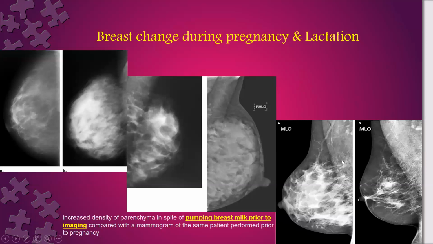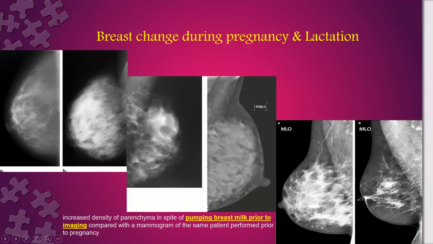Here we can compare three ladies having mammography before pregnancy and during lactation. Before pregnancy, during lactation. Can you see the same breast, the change in the density? Look at the breast before getting pregnant and look during lactation. This is the same breast.